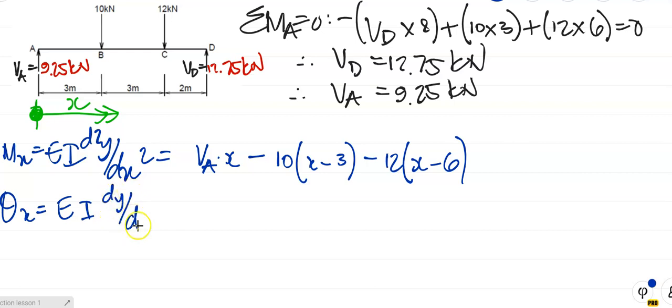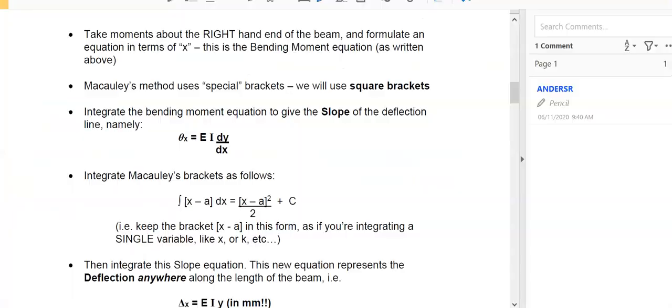Now we need to be mathematics geniuses. We need to integrate. So that's going to be va times x squared over 2 minus d. Macaulay's method rules. Macaulay's method uses special brackets.